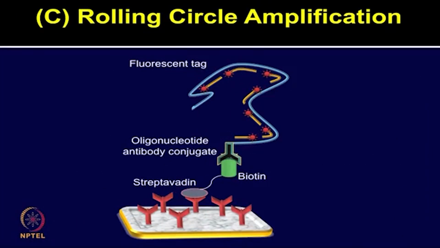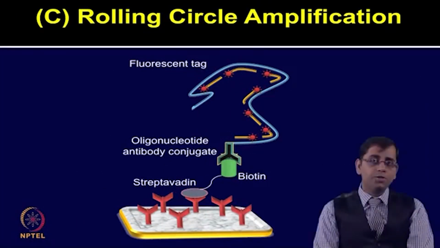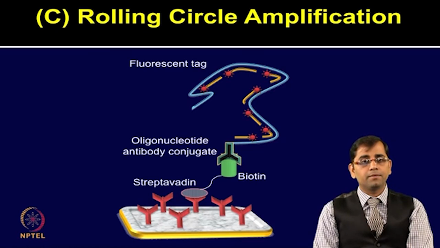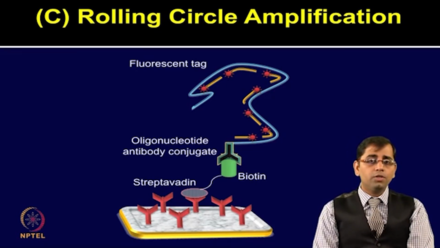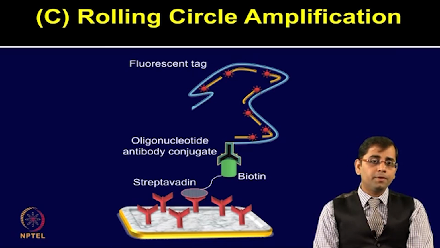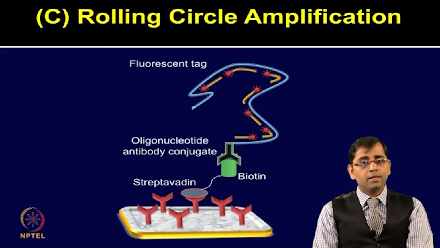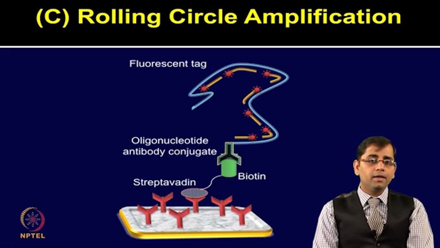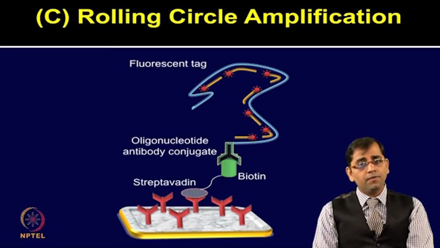We shall now move on to the rolling circle amplification or RCA method. RCA is a very effective method for on-chip signal amplification to improve the detection limits in a microarray experiment. In RCA, the captured antibody is printed on the microarray and it binds to the analyte of interest. After that, it can be detected by a biotin labeled secondary antibody.